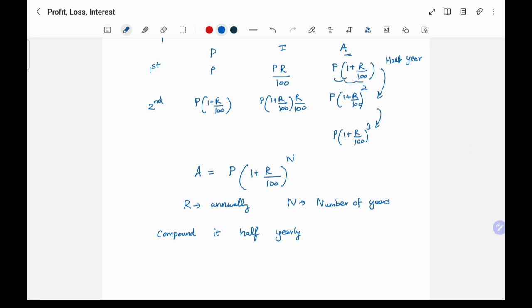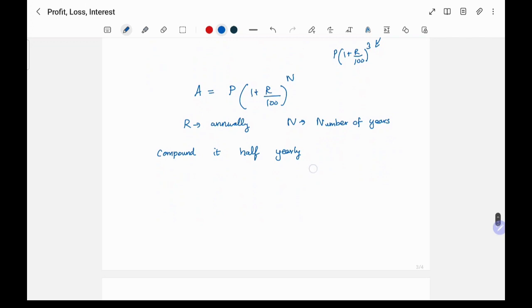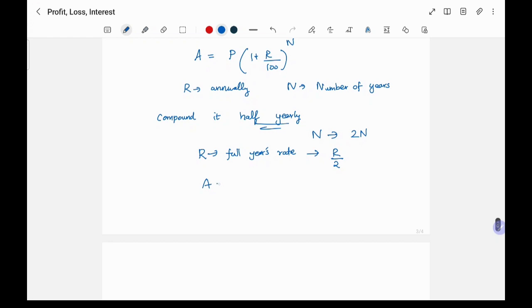So we have n number of years, which will increase to 2n, and r itself is the full year rate, so that will go to r by 2 if it is half yearly. So the formula will be P into 1 plus r by 2 by 100 power 2n.